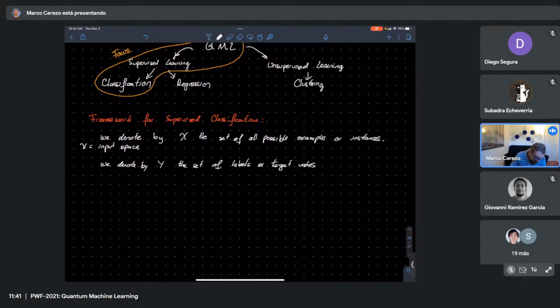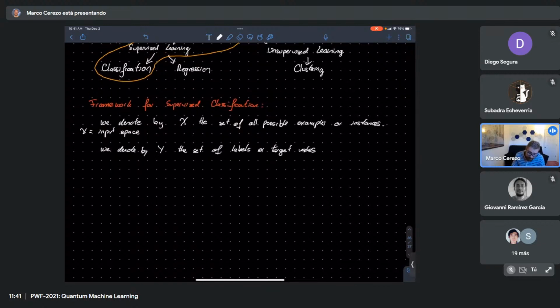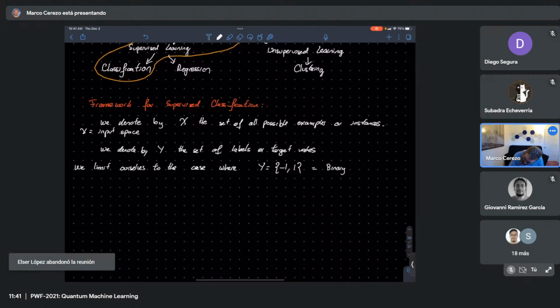For our case, because we're doing classification, we limit ourselves to the case where Y is just the set of -1 and 1. So it has only two labels. They are discrete. -1 can be dog, 1 can be cat. This is what we usually refer to as binary classification.